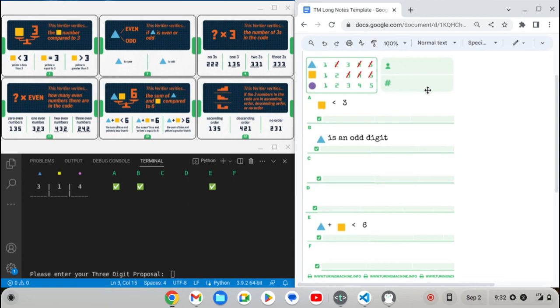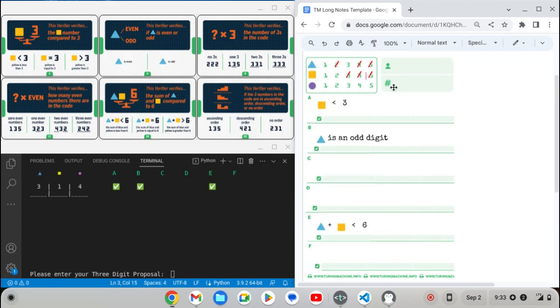As far as descending, the only possibility would be 3, 2, 1, and then for no order, there are quite a few possibilities, and that would be 3, either 1 or 2, and then back to 3, 4, or 5 for circle.